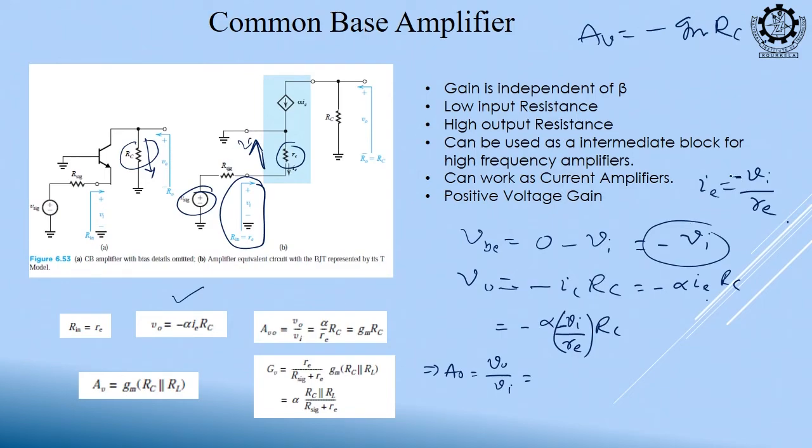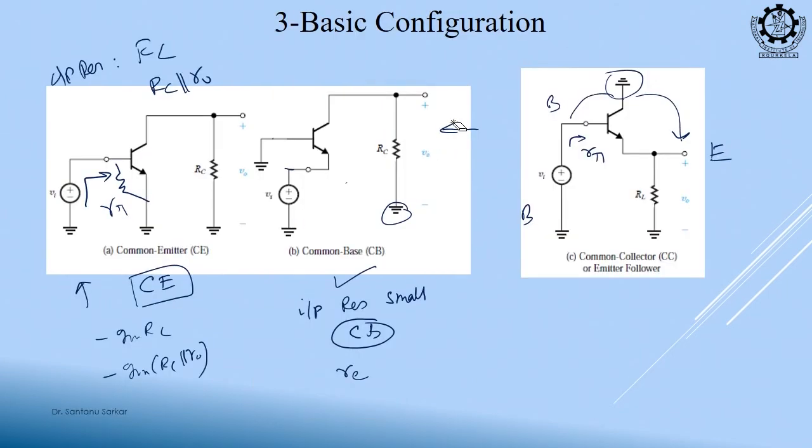IE is equal to VBE by RE, VBE is equal to minus Vi by RE. So, this minus sign and this minus sign, they will cancel each other. So, it becomes alpha by RE into RC. What is the meaning of alpha by RE? GM.